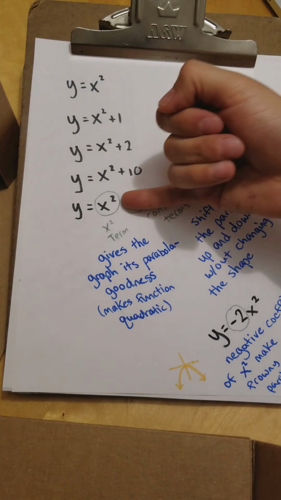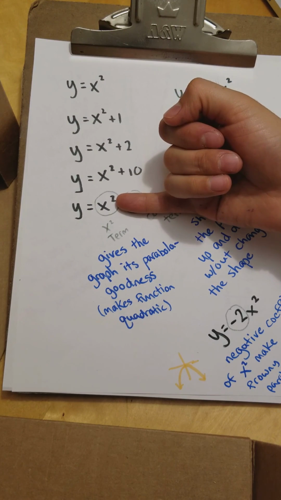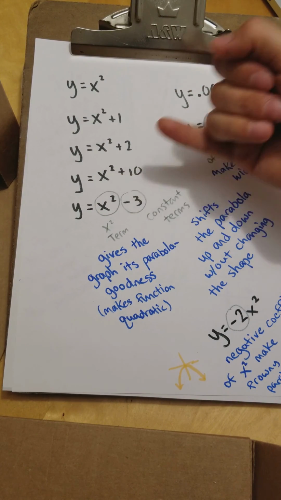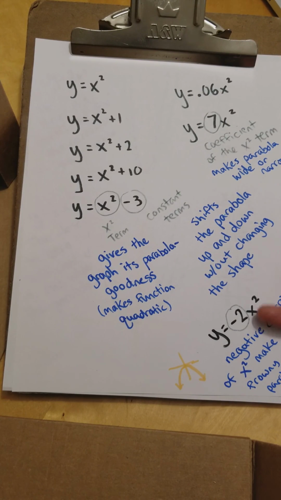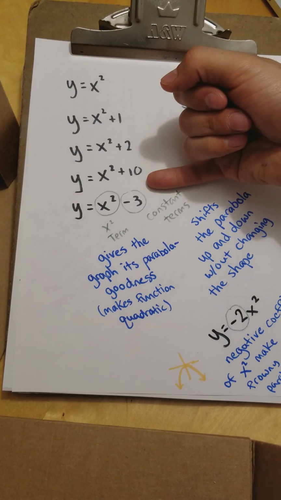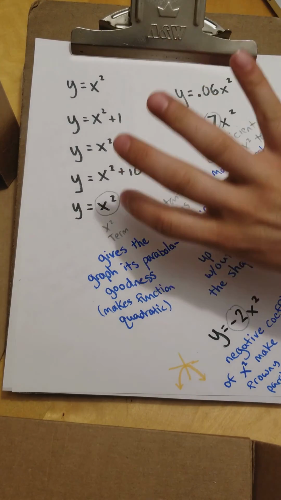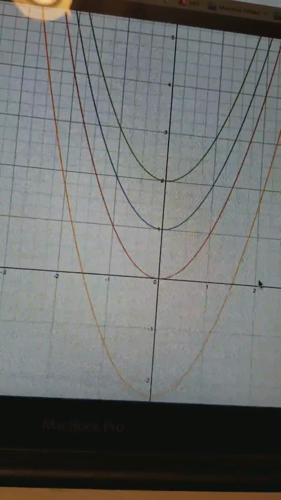So, it's the x squared itself, the term that gives the parabola shape, the size of the coefficient that gives it its steepness or its narrowness or its wideness, and it's the positive or negative of the coefficient of the x squared that makes it go up or down, be smiley or frowny. And the constant term just takes whatever shape it's given and then shifts it up or down.